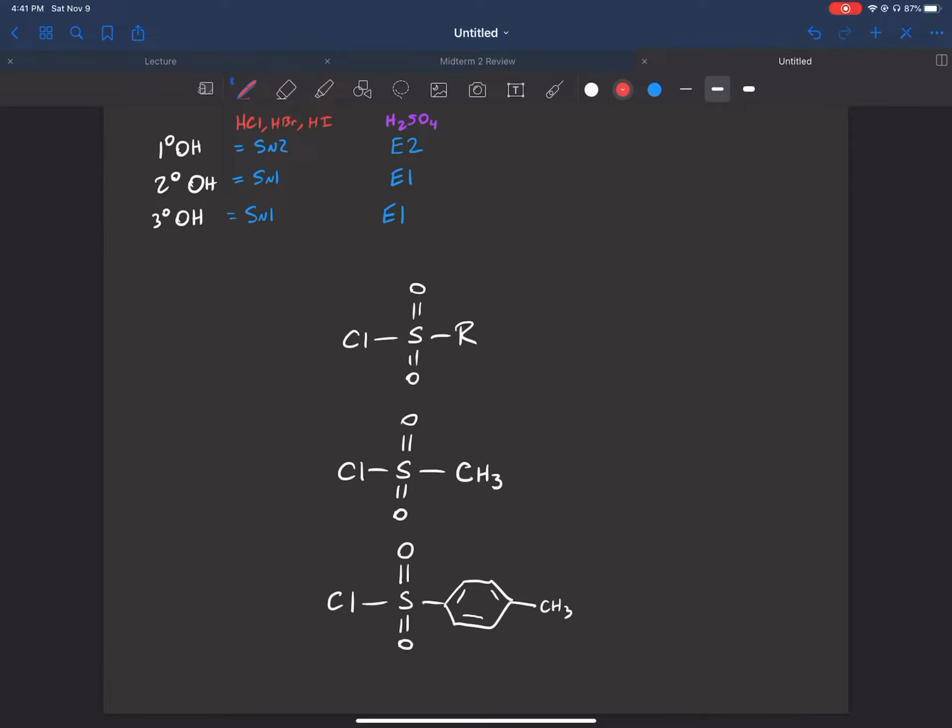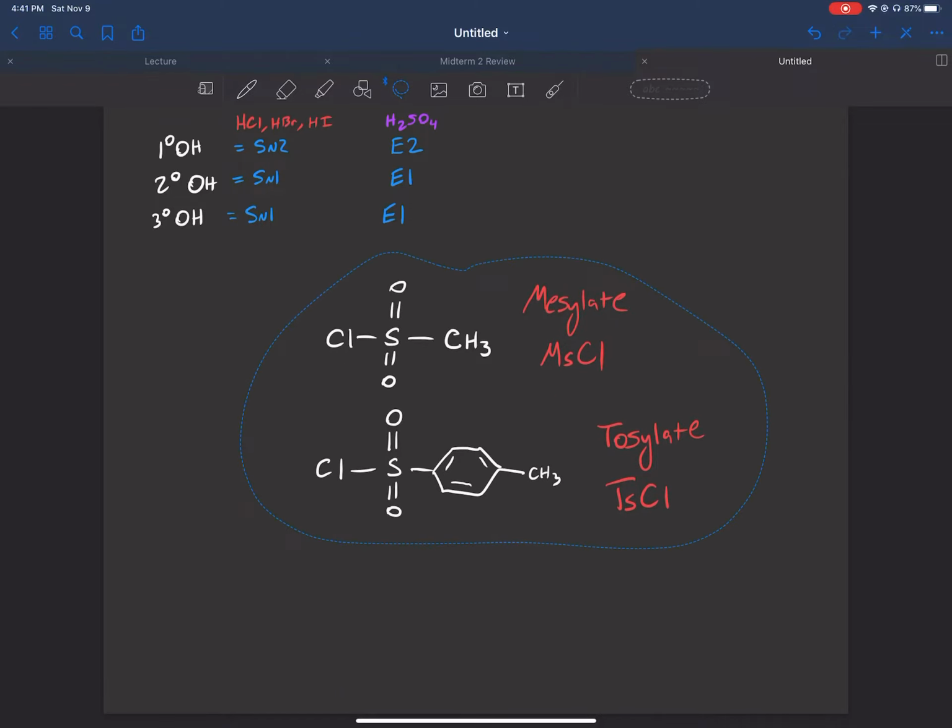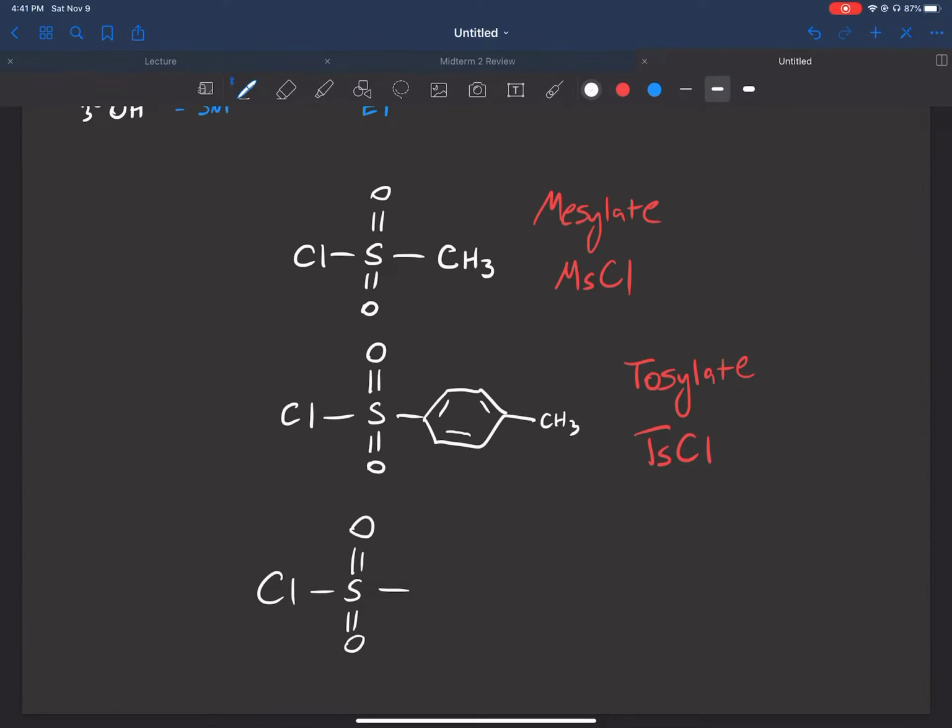All right. Now there is an abbreviated form of writing this. The mesylate is going to be MsCl. Tosylate is TsCl. Now there is one more that you guys can encounter, so I will show you that, and that's called a triflate. Again, the structure is similar, but instead of a methyl or this benzene with another methyl off of it, you have a carbon bound to 3 fluorines.